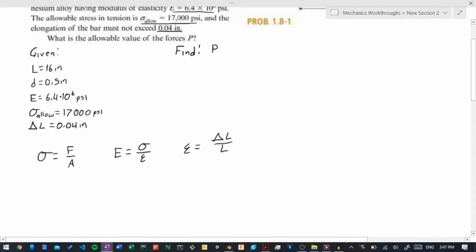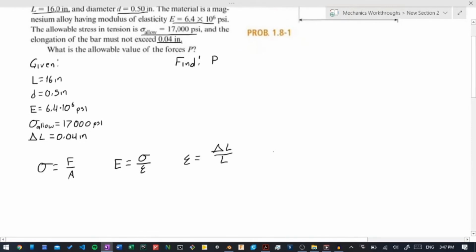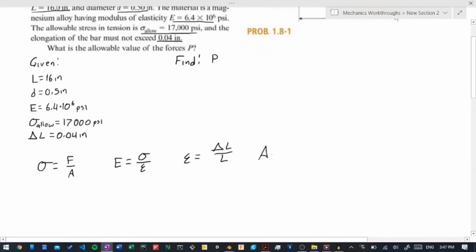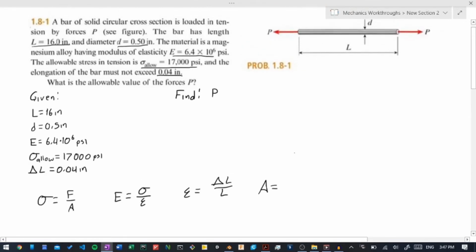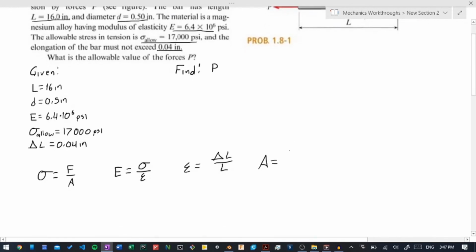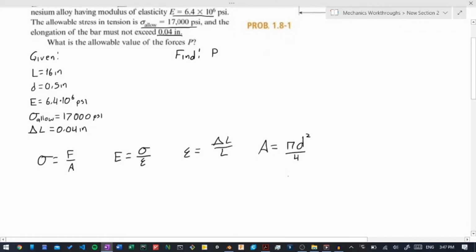So this is engineering strain. And then for this specific problem, our area is going to be our circular cross-sectional area. So that will be pi d squared over 4, since our dimensions are given with diameter. So these are the equations we will be using.